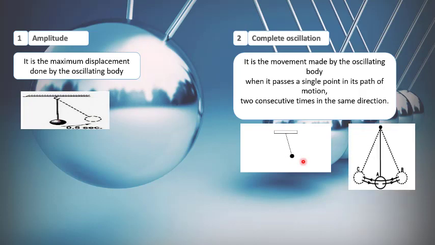Like in this image, the motion of the pendulum from point C to point A, then to point B, then back from B to A, and from A to C. This is called complete oscillation.